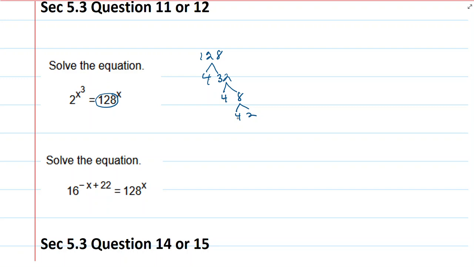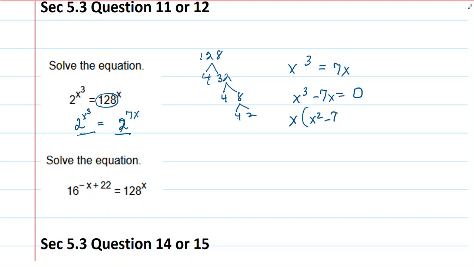So this is 2, 4, 6, 7. I'm sorry, 2 to the 7. There we go. All right, because the bases are alike, then x cubed has to equal 7x, and I'm going to subtract it. So it's 0 and plus or minus the square root of 7.